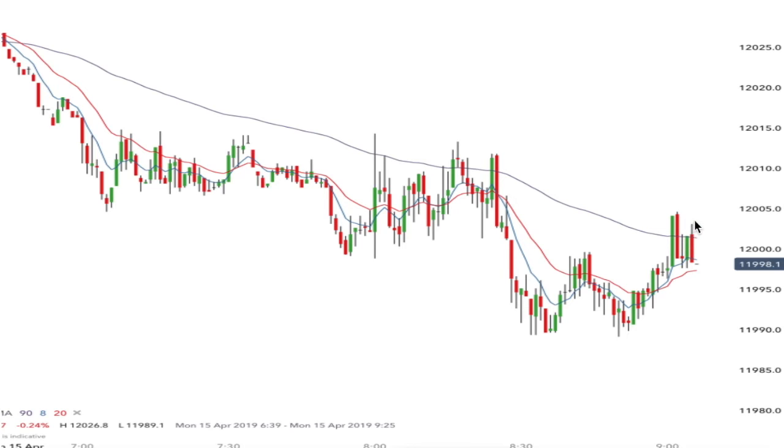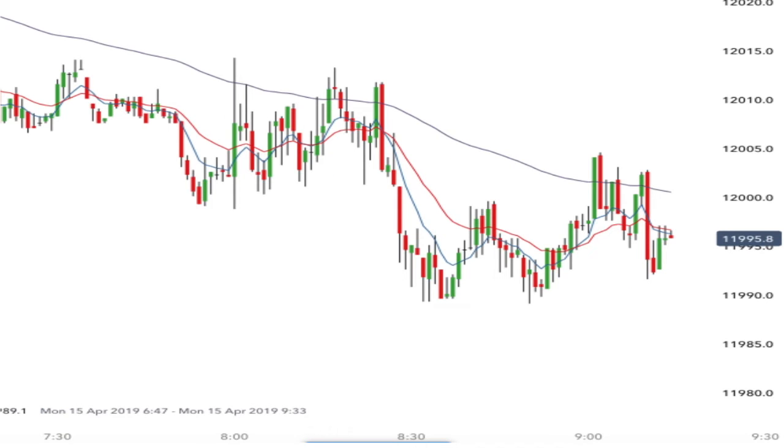So the stop would go above here, entry just here, and we'll be looking for the market to come in and take out the target at just about this level here. So let's have a look and see what happened. Okay, so this was where we were, so we've got our entry in this candlestick bar here.